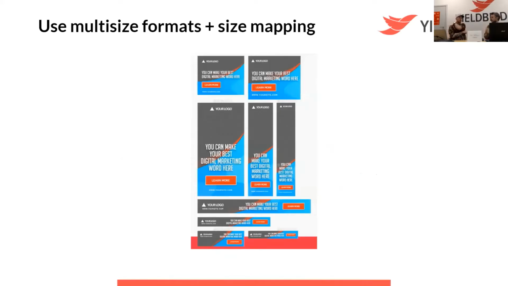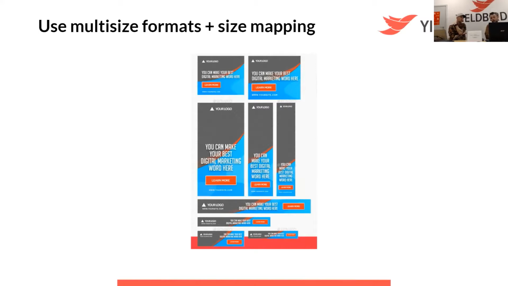Multi-size formats and size mapping, of course, a kind of obvious recommendation. Not many publishers now are using single formats because it limits your potential. Some geos have geo-related specific sizes. Some campaigns or some advertisers are just using 2 or 3 formats.